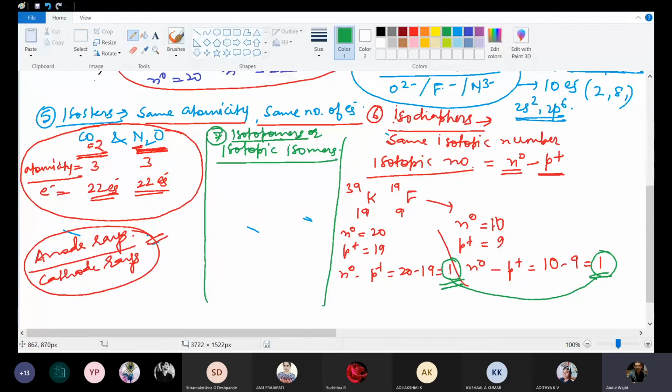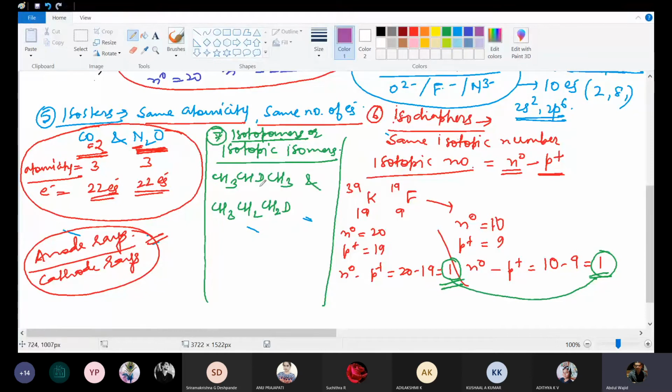Isotopomers or isotopic isomers. See the example, CH3 CHD CH3 and CH3 CH2 CH2D.